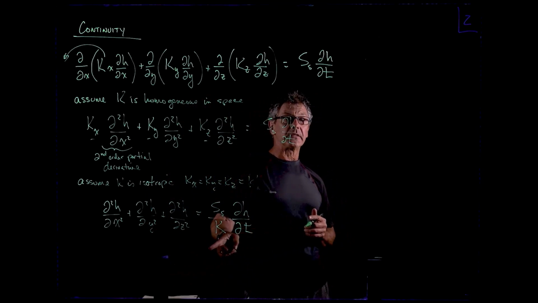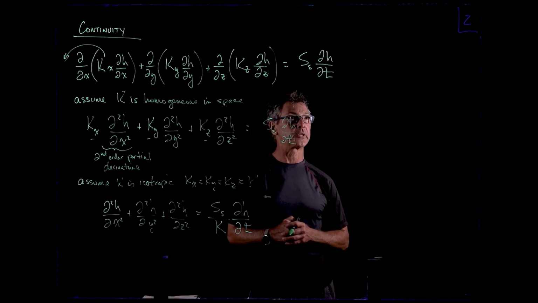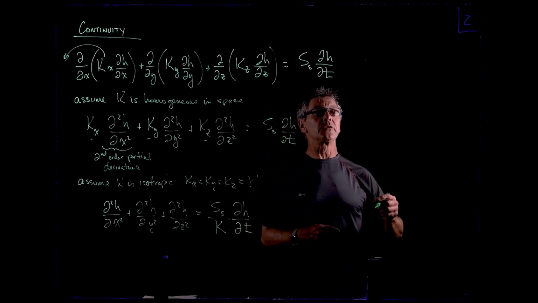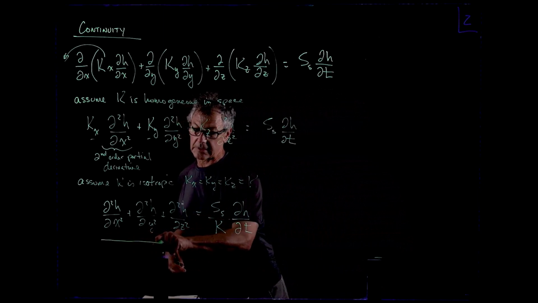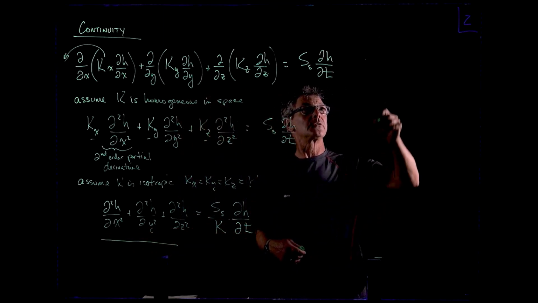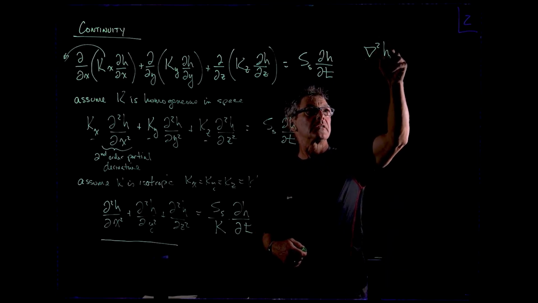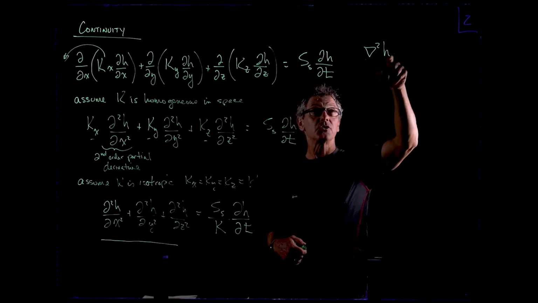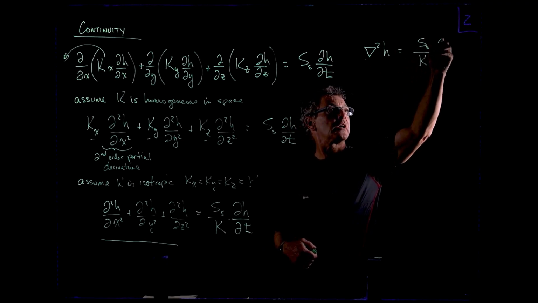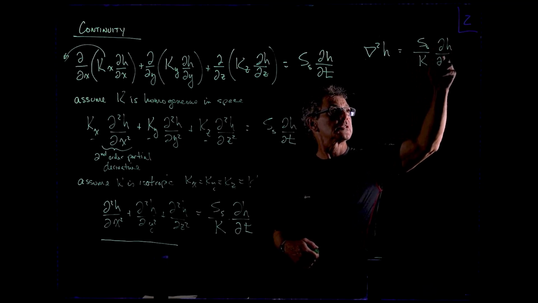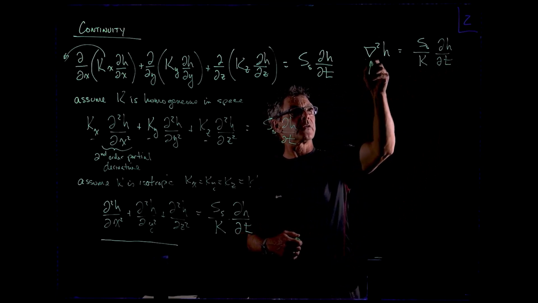Okay? And this form of equation is actually rather commonly known. So we can use a shorthand, and we can take this whole left-hand side here and use this shorthand. We can say that we've got this second order gradient with respect to h is equal to the specific storage divided by the hydraulic conductivity times the change in head with respect to time. So this is called the grad.